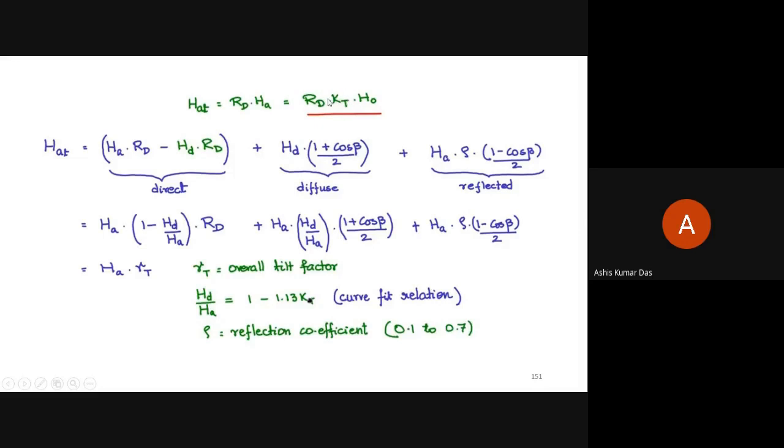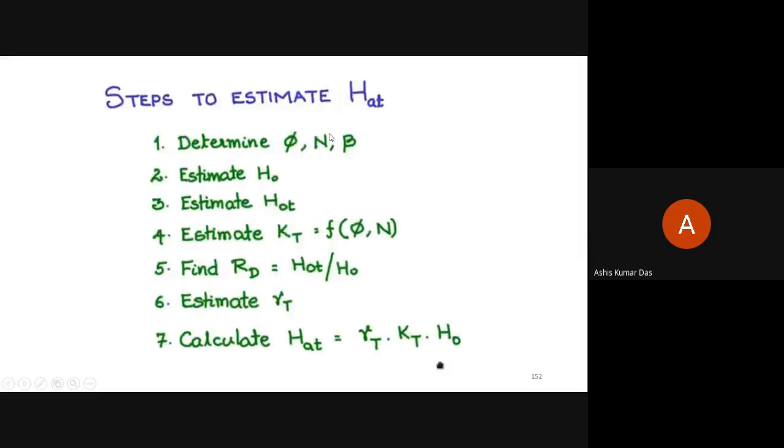So KT is still unknown, and we have discussed that KT is very much non-deterministic. It can be estimated, or it can be measured from the previous year or the statistical data, or we can take the help of a function of the latitude and the day number.